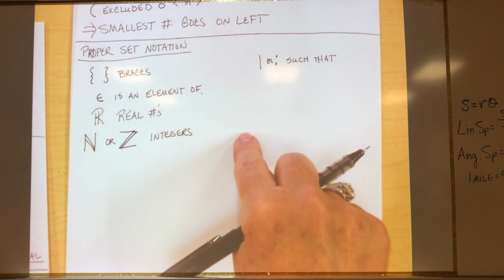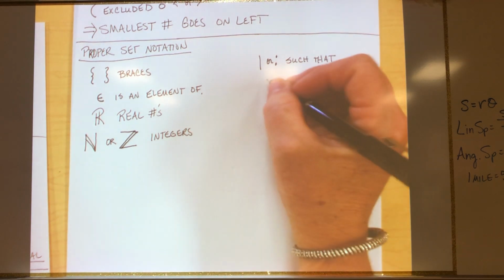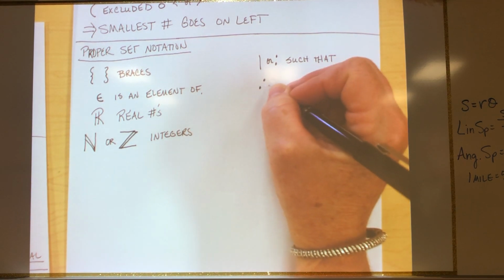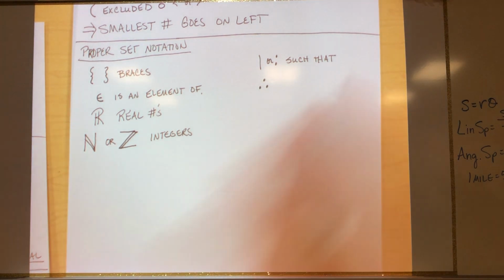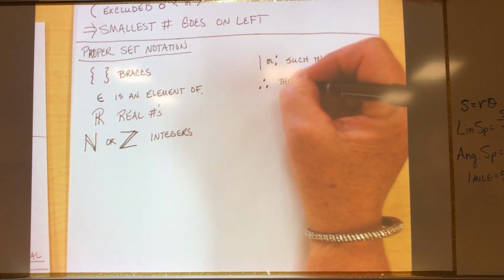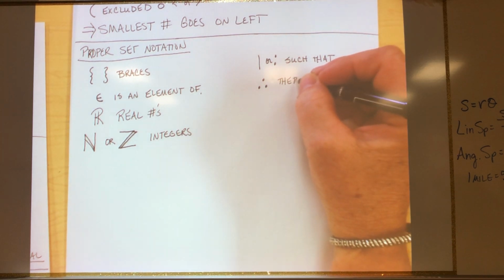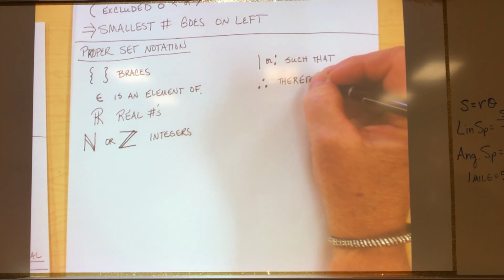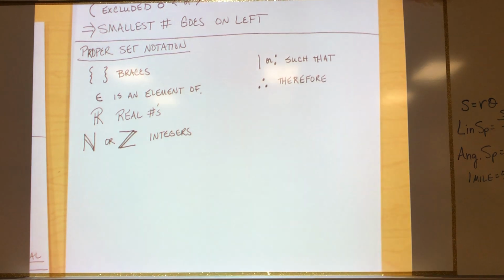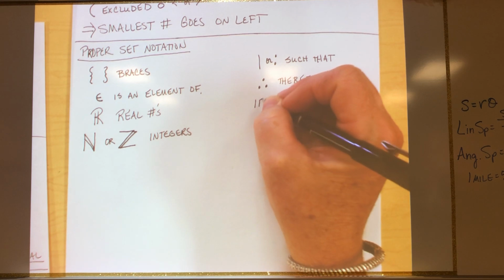But I'm going to give you a few more that you see sometimes. Sometimes you'll see a little dots in a triangle, and that just means the word therefore. This is all proper set notation. Okay, therefore.